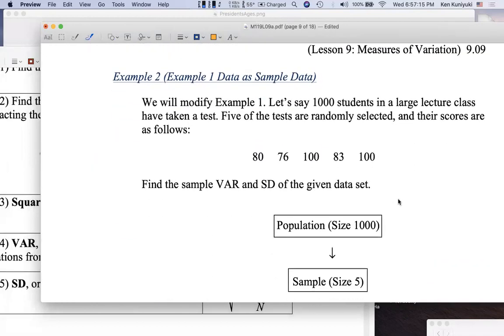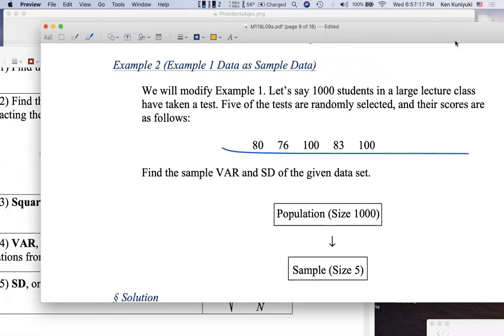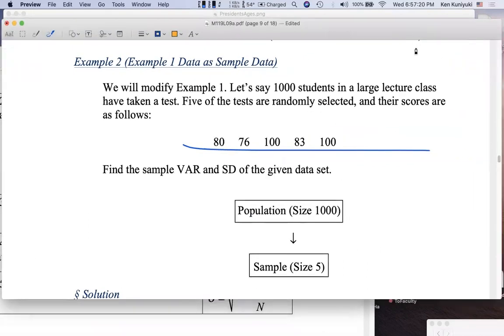All right. So let's say that this is sample data. There are 1,000 students in the class, a large lecture class. My TA, Igor, at the end of the exam, throws the 1,000 exams in the air and randomly grabs 5. By the way, what would be the problem with Igor just grabbing the first 5 exams off the top of the stack?